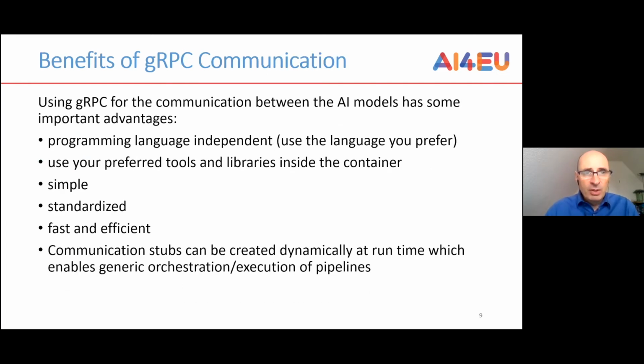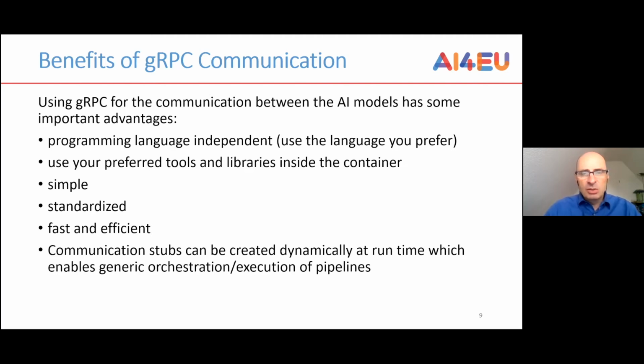So what are the real benefits of using gRPC as the communication layer? First of all, it is programming language independent. There are generators that create the stubs and skeletons based on the protobuf definition for many popular programming languages.